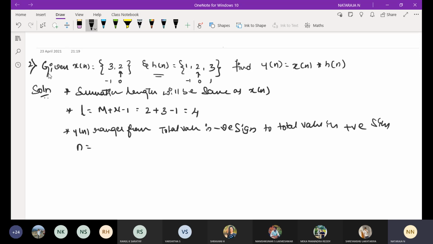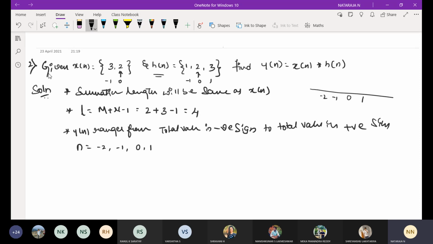Negative side total values will be 2. For example, this is the origin 0 of y of n. On the left side we have 2 samples, that is -1 and -2. On the positive side we have only 1. Totally 4 samples. N will vary over -2, -1, 0, 1. This is the way of finding the range of n.